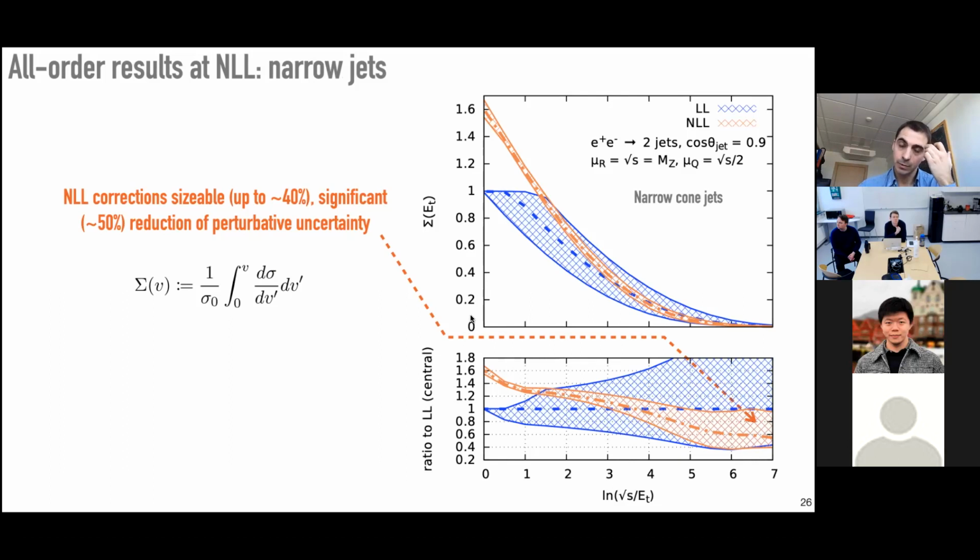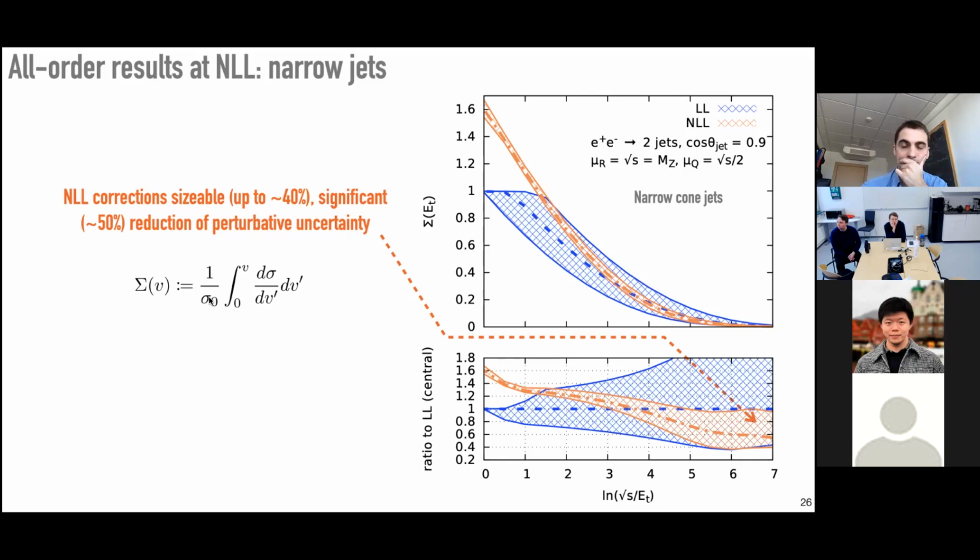So basically the two curves have a different normalization. Here I'm just normalizing to the same thing to have an honest comparison between the two. But if I had to define the unit-normalized cumulant for the next-to-leading log, I would need to normalize by the next-to-leading order cross section here, not the Born.